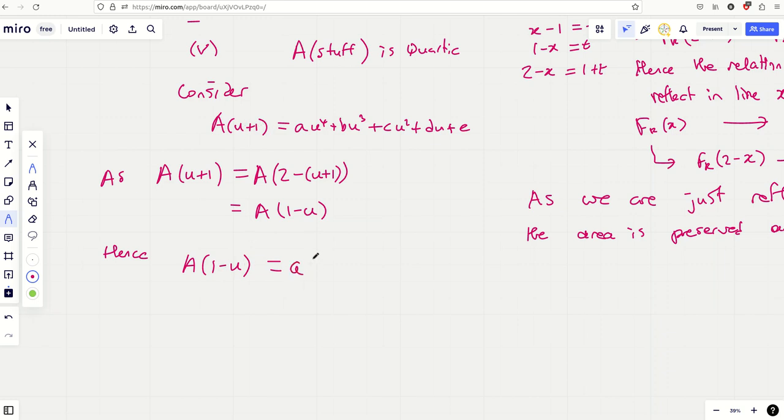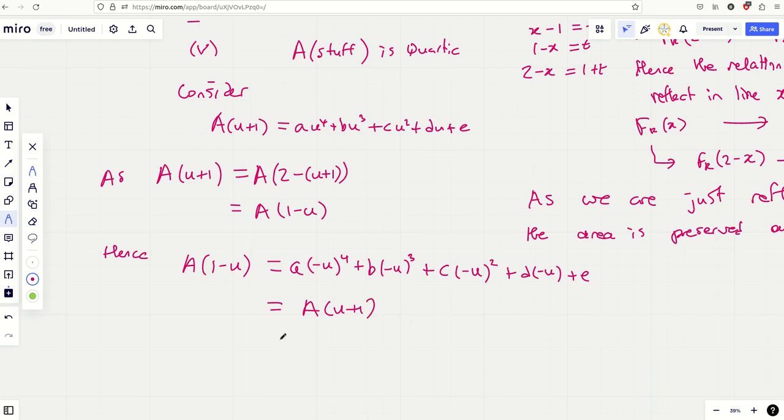So this is the same as a times minus u to the power 4 plus b times minus u cubed plus c times minus u squared plus d times minus u plus e. And we already know it's the same as that. I won't bother with the brackets here, because I wrote it down up here. It should equal A of u plus 1.